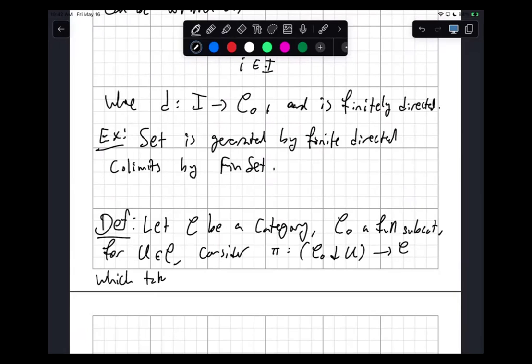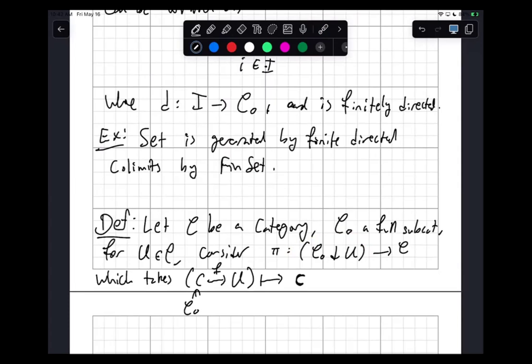So this category here, this is the comma category of all morphisms from C to U, where C is in C0, right? And it takes this to just C.